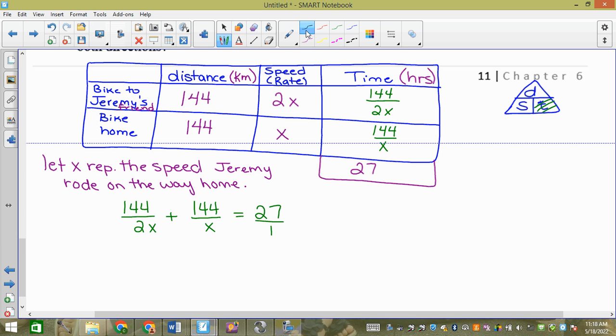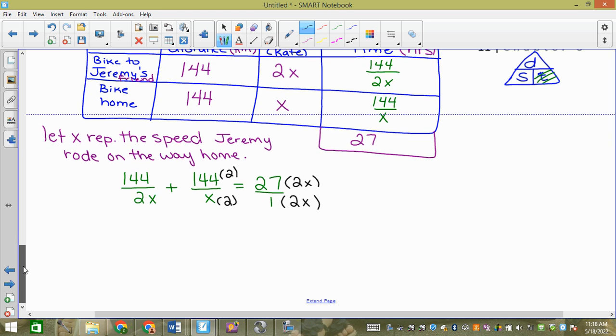So we're going to multiply this one by nothing, this one by 2, and this one by 2x. So I get 144 over 2x plus 288 over 2x equals 54x over 2x.